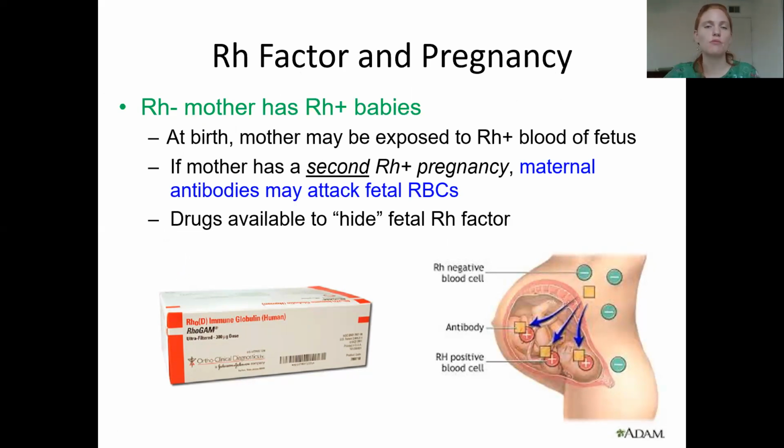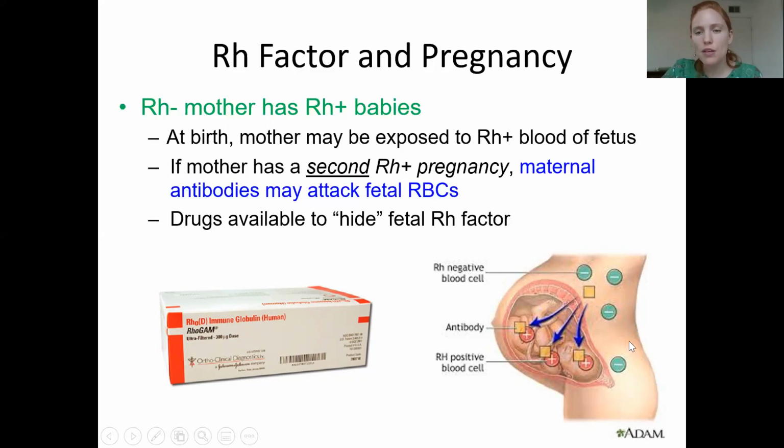One of the functions of the placenta, the structure right here that's embedded in the wall of the uterus, is that it exchanges oxygen and nutrients, but it also allows antibodies from the mother to go into the fetus. And this is a good thing because it helps protect the fetal tissues from bacterial and virus invasions, right? So it provides immunity for the fetus.